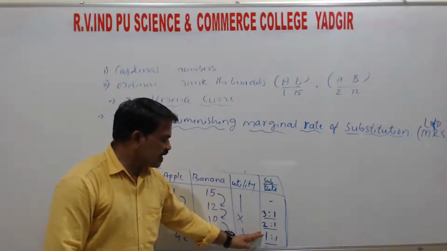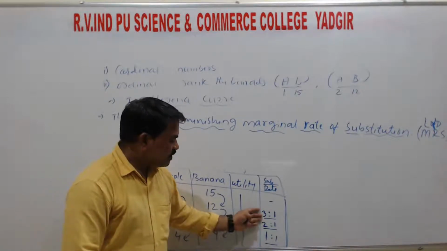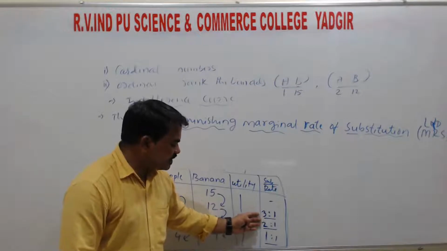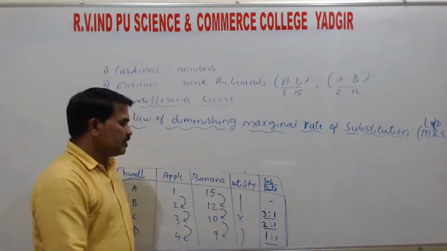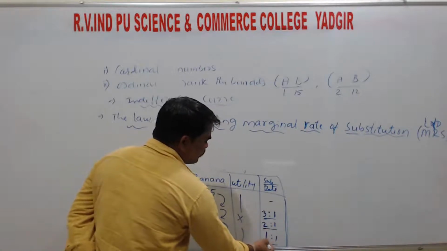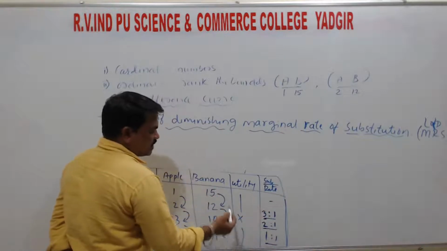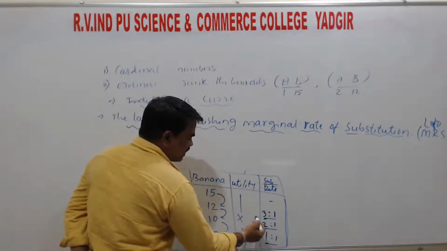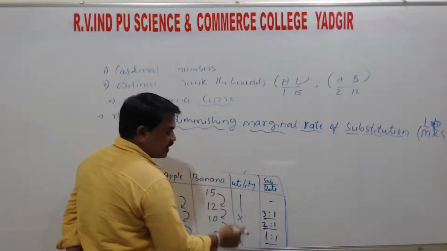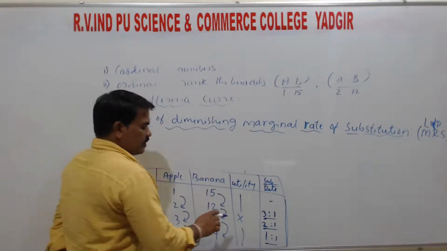If you see this trend, the substitution, whatever he is doing, is diminishing here, correct? Even though he is sacrificing bananas for apple, initially he reduced three bananas for one apple, and later the substitution quantity reduced.